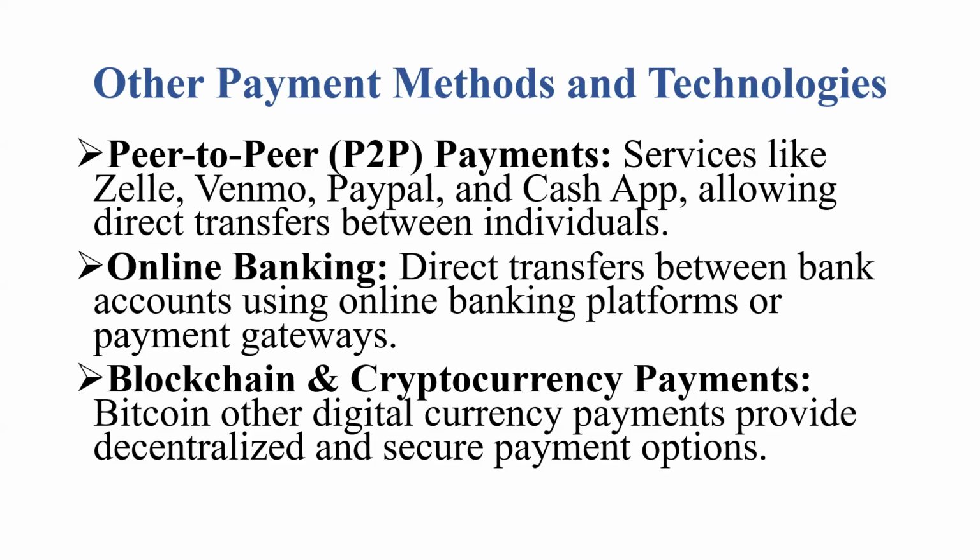They allow for direct transfers between bank accounts using online banking platforms or payment gateways. We also do have blockchain and cryptocurrency payments, where, for example, Bitcoin and other digital currency payments can be made. And these types of payments provide for decentralized and secure payment options.